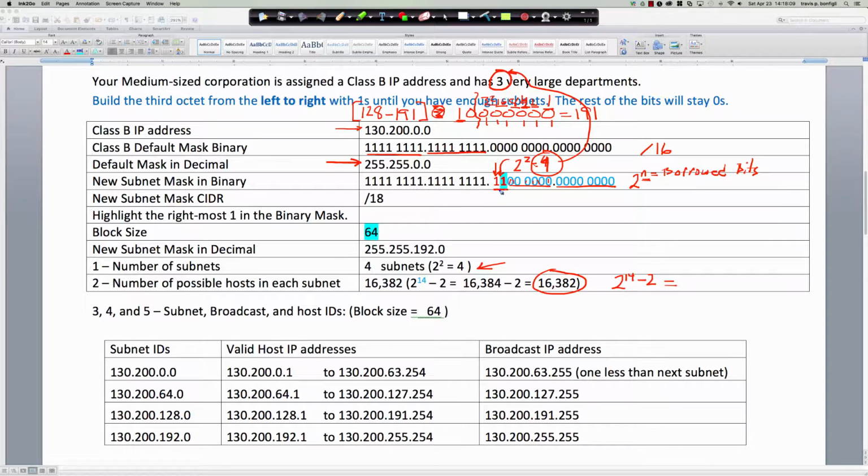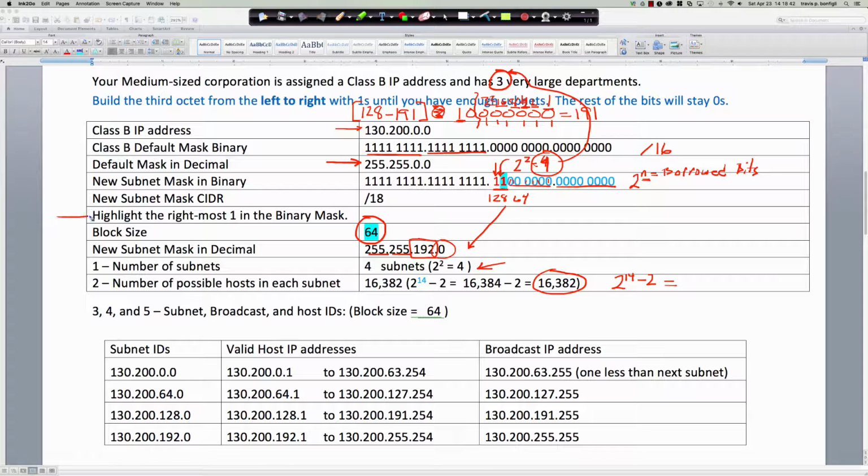So when we borrow those 2 bits right there, they have a value of 128 and 64, and our dotted decimal notation would be 255.255.192.0. Now remember, in order to come up with the subnet IDs so that we can sort out where each network boundary will be, in terms of boundary, we're talking about the subnet ID and the broadcast address, if we can get to the block size, right, that is going to be the key.